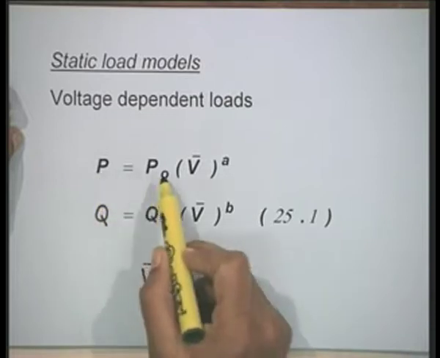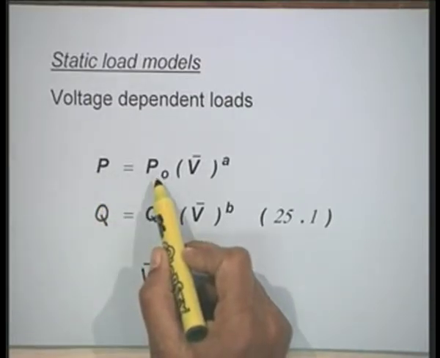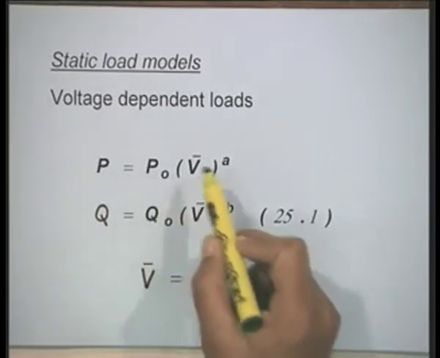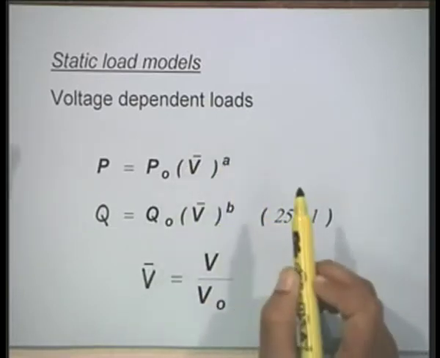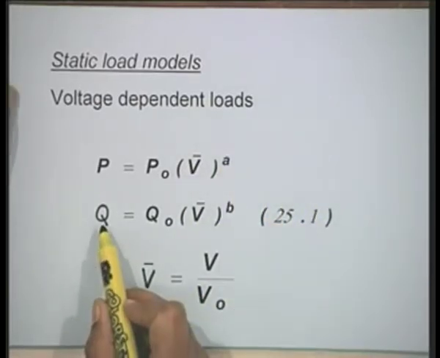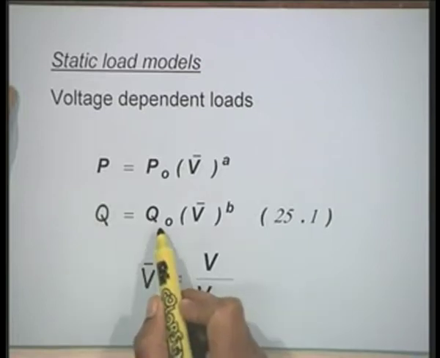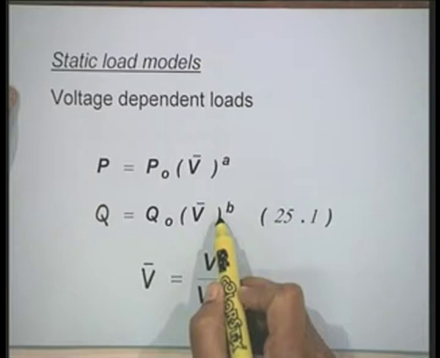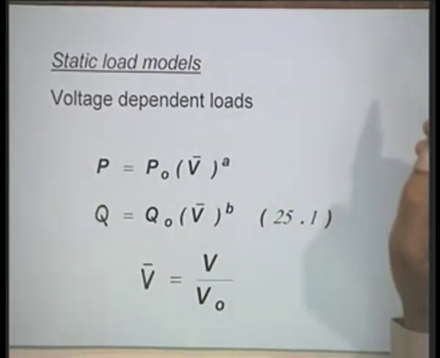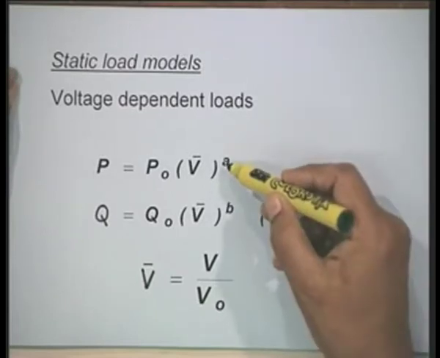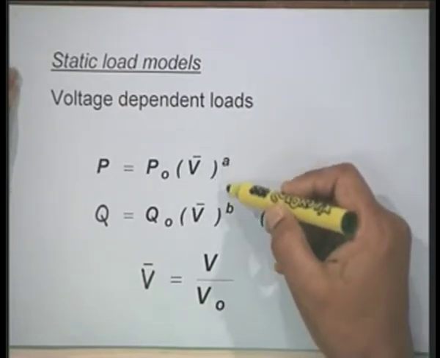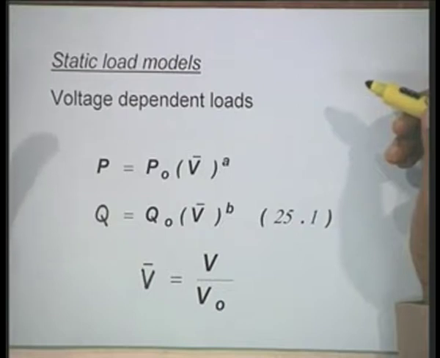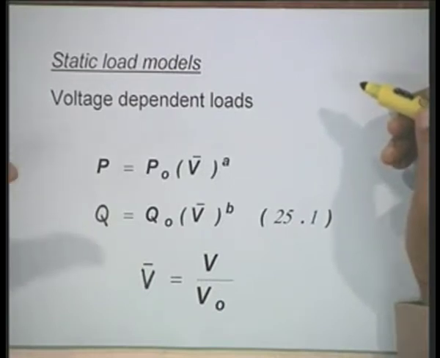Therefore, P can be expressed as the nominal value of the real power consumed P O multiplied by V bar to the power A. Then similarly, the reactive power Q is Q O into V bar to the power B. A and B are the two different indices. Now, here suppose if I take A and B equal to 0, let us say that these coefficients are 0. What does it mean?